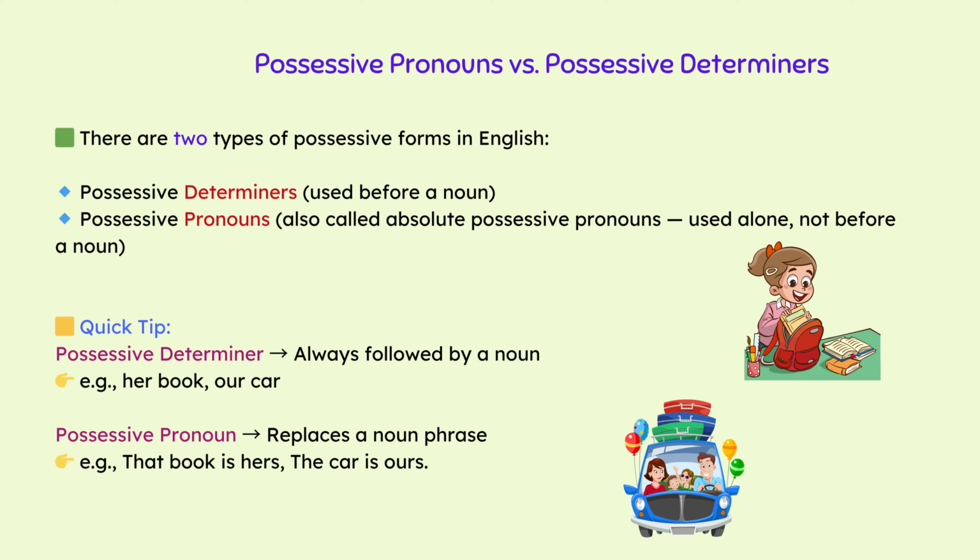Second, we have possessive pronouns, also called absolute possessive pronouns, like mine, yours, his, hers, ours, theirs. These replace a noun phrase and stand alone, like that book is hers or the car is ours. Quick tip: if there's a noun after the word, it's a possessive determiner. If the word stands alone, it's a possessive pronoun. That's the key difference.